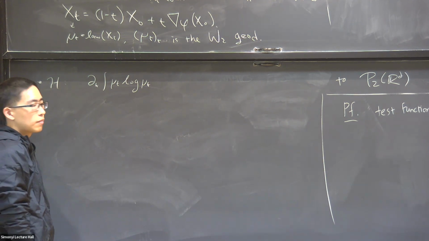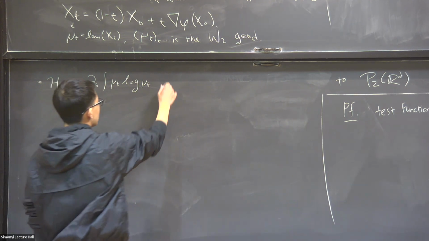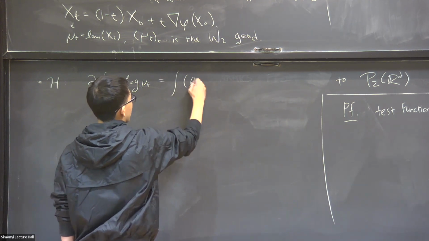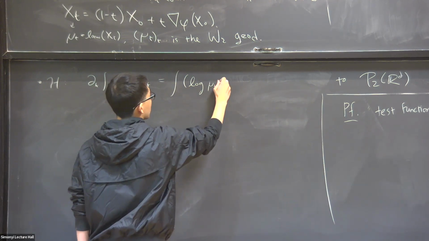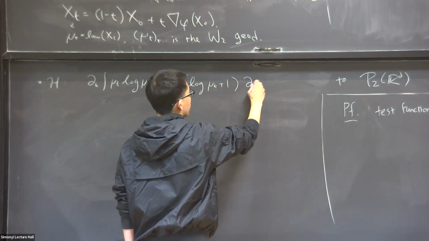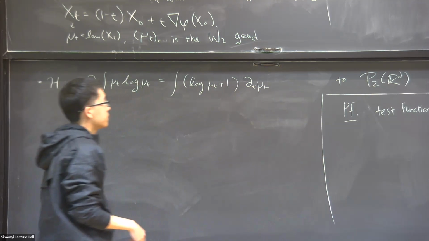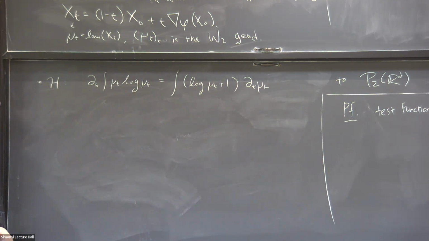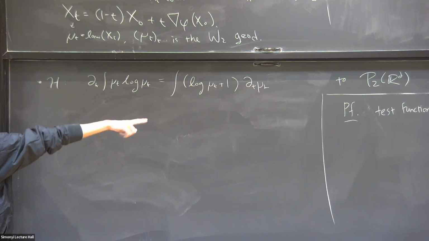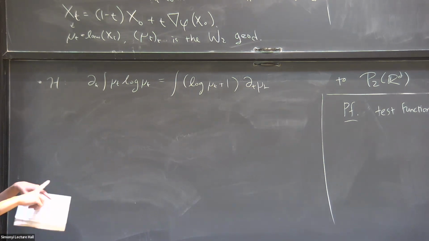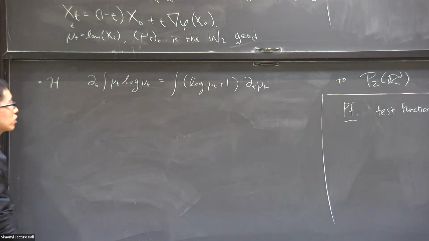It's log of mu plus 1. So by calculus, this is log mu plus 1 times the time derivative of mu. Remember, the way that mu and V are linked together is via the continuity equation. That's what it means for Vt to be the tangent vector to mu t.